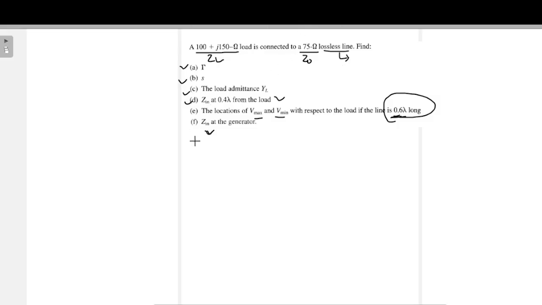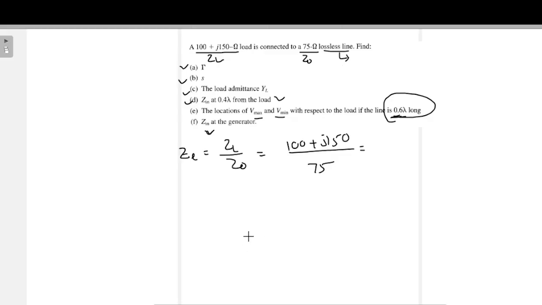Before doing that, we need the normalized impedance value. So we have to find the normalized load impedance value, which equals ZL divided by Z0. That is equal to 100 plus j150 divided by 75. This is the normalized impedance value we need to find.